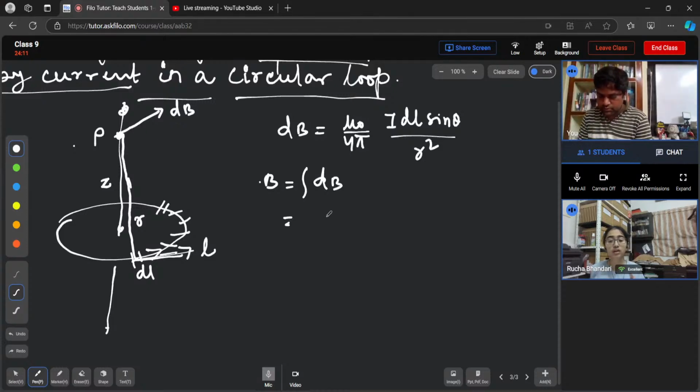We did that integration for a straight wire. Now we'll do it for this loop, so the limits will change. Mu naught by 4 pi and the constants go outside.